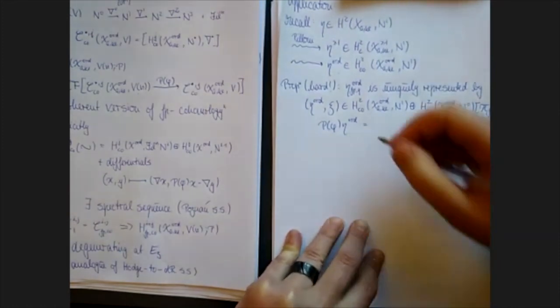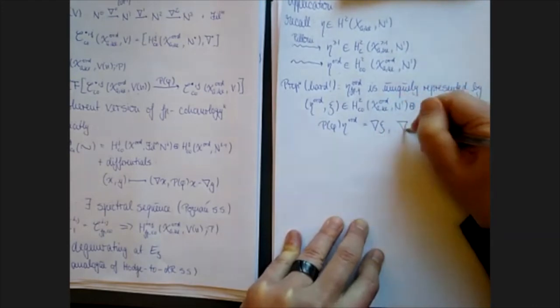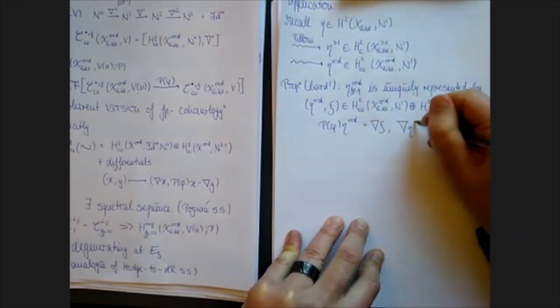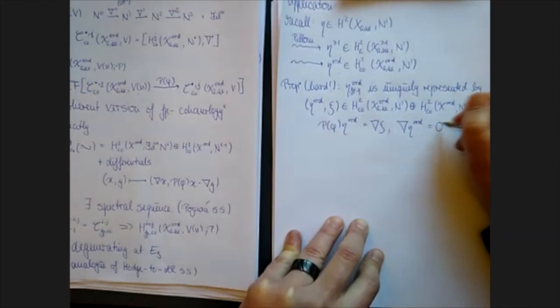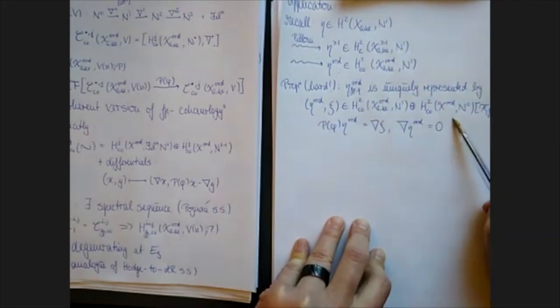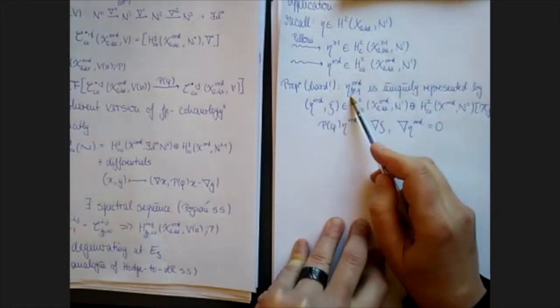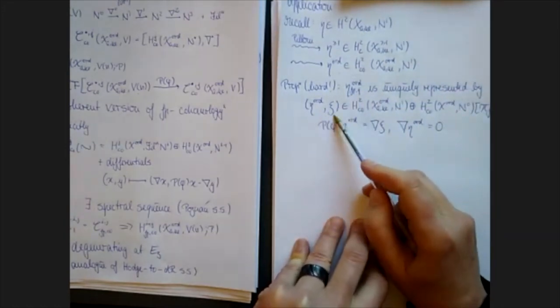They satisfy that P of phi eta odd is equal to nabla of zeta, and of course nabla of eta odd is equal to 0. Okay, so this is an analog of the result of Banach-King describing this class in the FP cohomology in terms of classes in coherent cohomology.